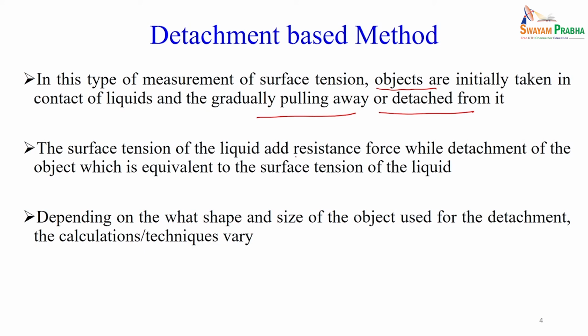The surface tension of a liquid means it has some sort of cohesive or adhesive force at the interface, and that offers a resistance force when we detach that particular object, and that resistance force is equivalent to the surface tension of that liquid. Depending on the shape and size of the object being used for the detachment process, we call it either the ring method or the plate method.